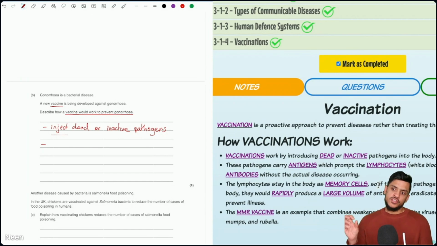Once it's fought off the dead or inactive pathogen, some of those white blood cells remain in the blood. Those ones that stay in the blood are known as memory cells. Don't say they remember. Those are the ones that stay behind. So just in case the real pathogen was to enter, it can rapidly produce a large amount of antibodies. That's how it works.